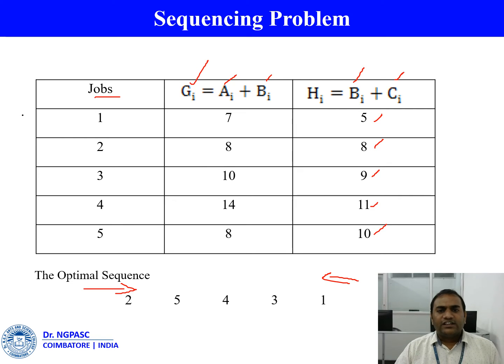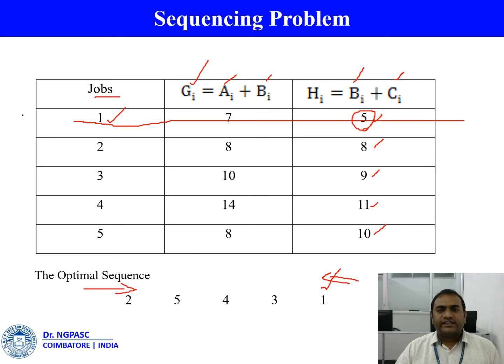Here the minimum time is 5, in job 1. Because the minimum time is in the second machine, H, we write job 1 from right to left, and remove the job.